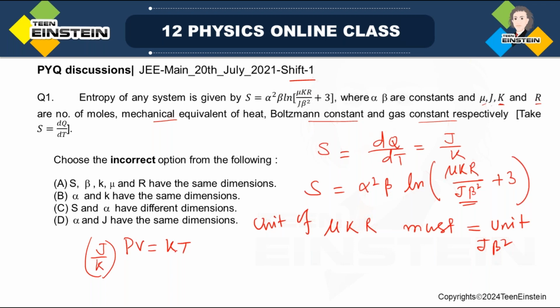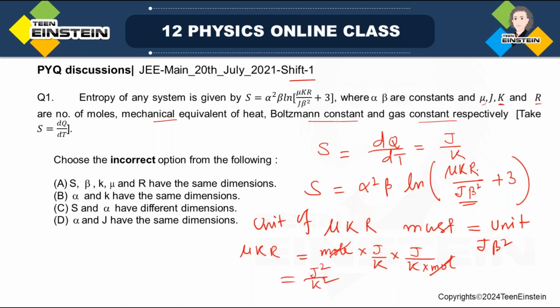Joule per Kelvin is the unit of k. So the unit of mu kr will be: this is mole, then joule per Kelvin, and r also has joule per Kelvin per mole. So mole I can cancel, and I get here joule square per Kelvin square.